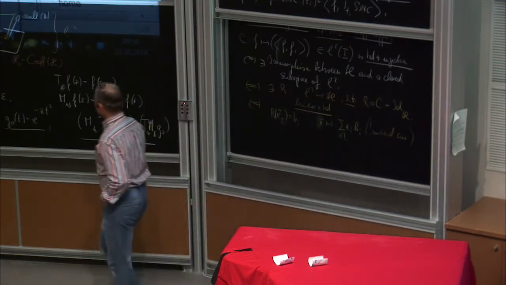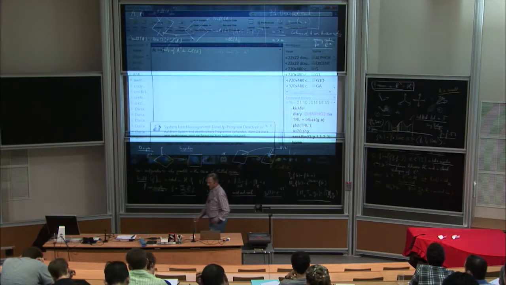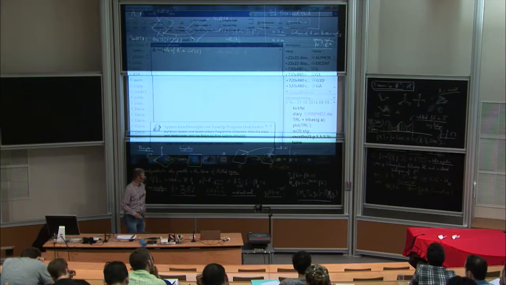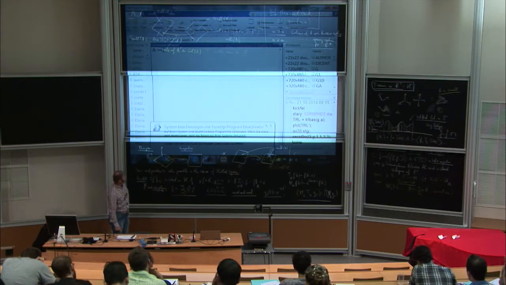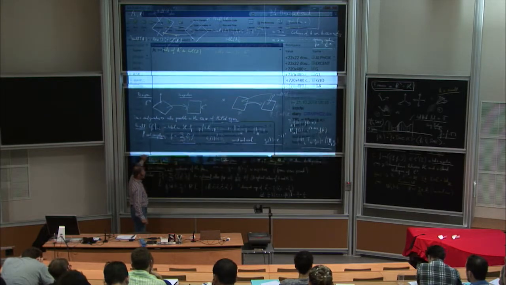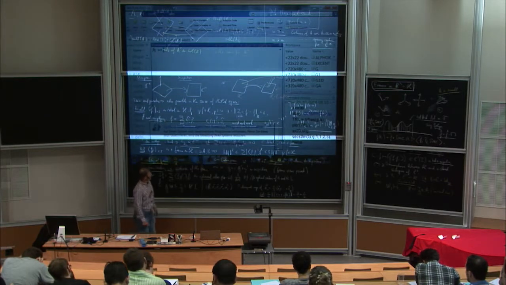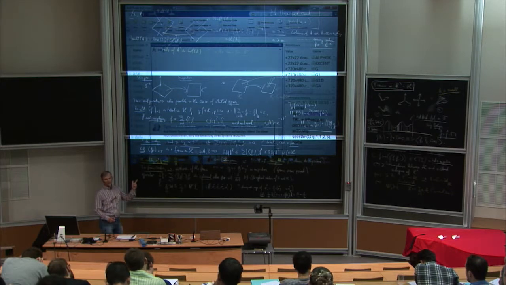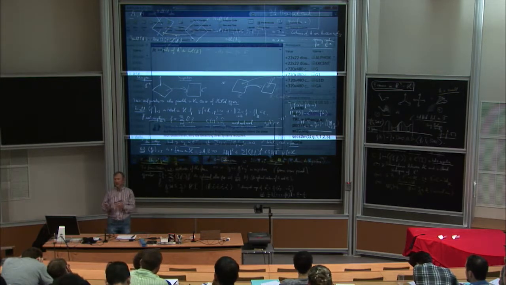Why do I emphasize this? Because when you're going to the situation of Banach spaces, the first natural attempt to generalize frame theory to the Banach setting would be to say, okay, what are the players here? I was telling you we have a Hilbert space and we have a prototypical Hilbert space, which is L2.